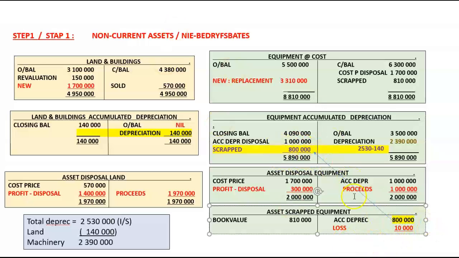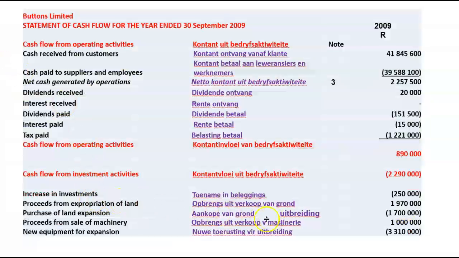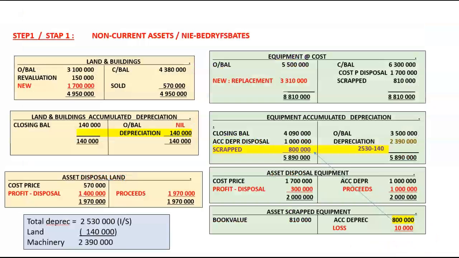We have the loss, so there we know that there was no proceeds on that. If we're going to balance off our cost account of equipment, you will see then that on the debit side, we are actually going to sit with 3,310,000 additional equipment that we have purchased. So new equipment for expansion purposes, they've told us in the question it is for expansion, 3,310,000.